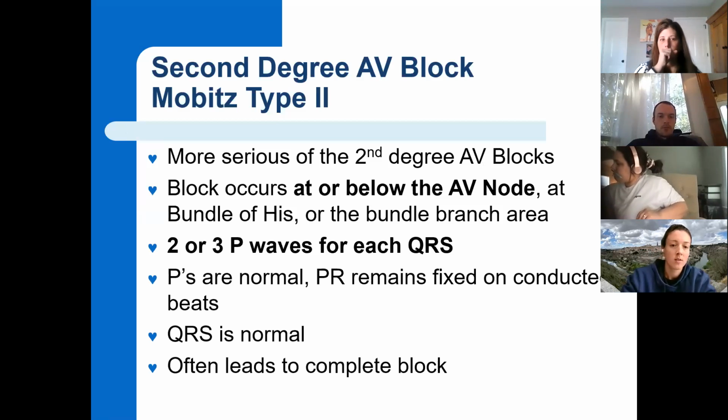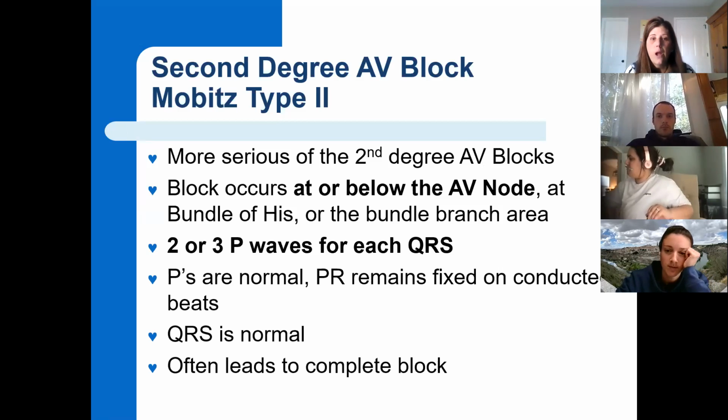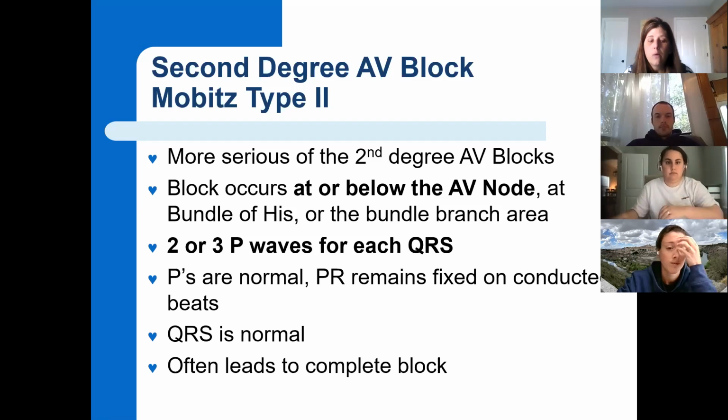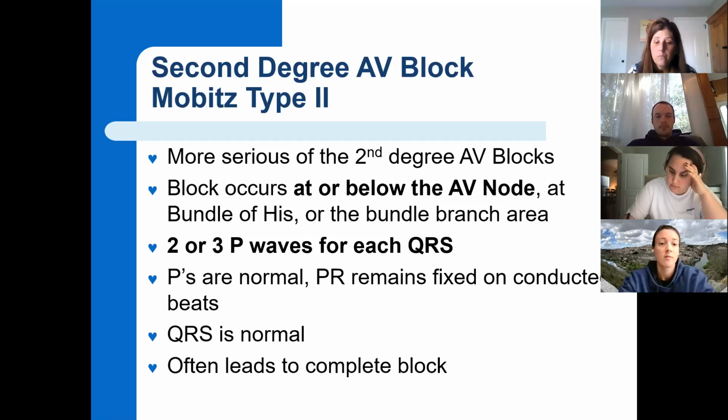Okay? Your block here is occurring at or below the AV node, okay? You're going to see 2 or 3 P waves for every QRS. Now, when your QRS does not drop off, it's going to look normal. And this is just really going to be intermittent, okay?